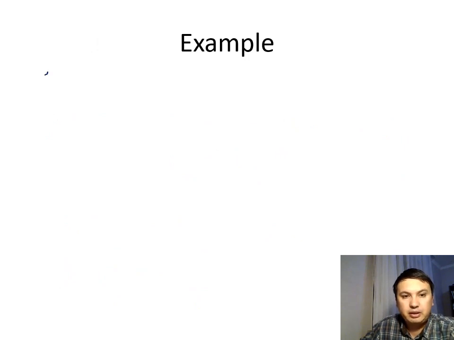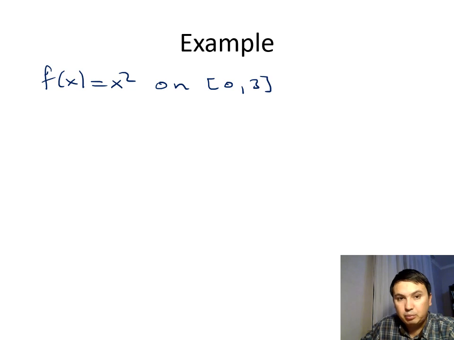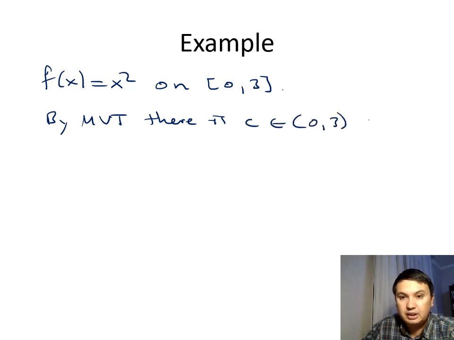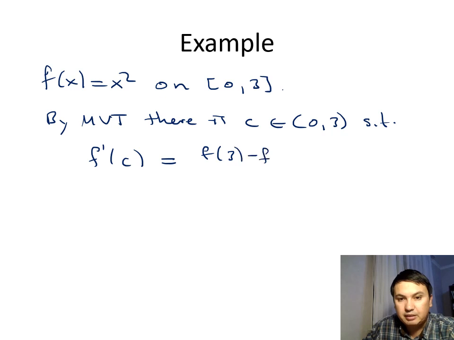Let's see the following problem. Let's say f of x is equal to x squared, and I am restricting myself to the interval 0 to 3. Well, x squared is continuous on 0, 3 and differentiable on the open interval 0, 3. So we know the mean value theorem applies. By MVT, there is some C inside of the interval 0, 3 such that f prime of c is equal to f of 3 minus f of 0, over 3 minus 0.